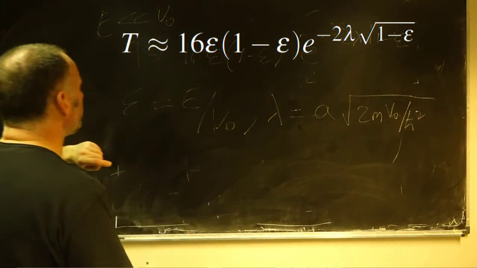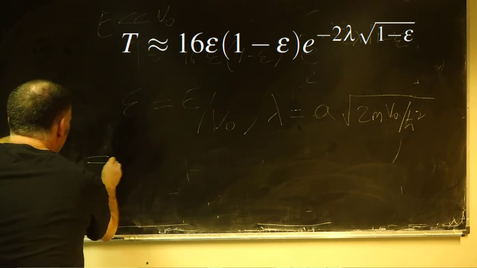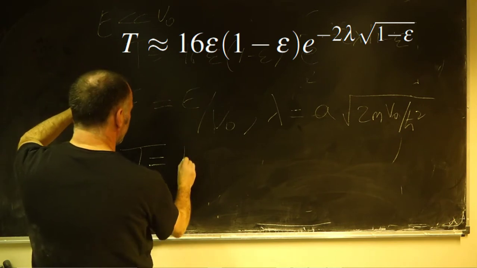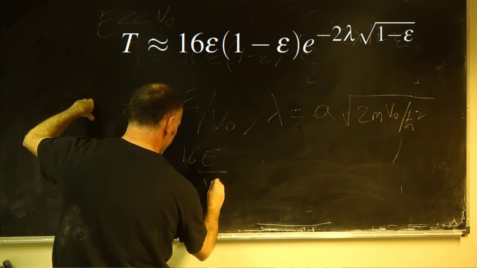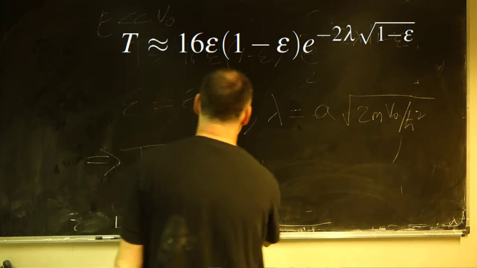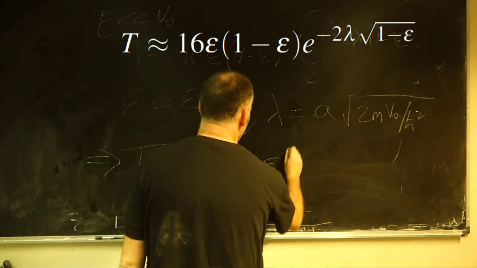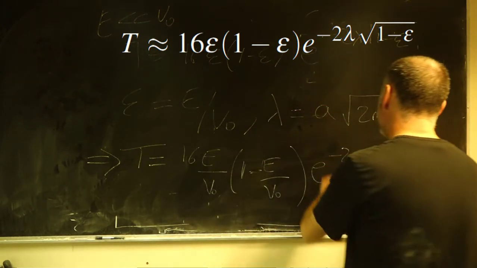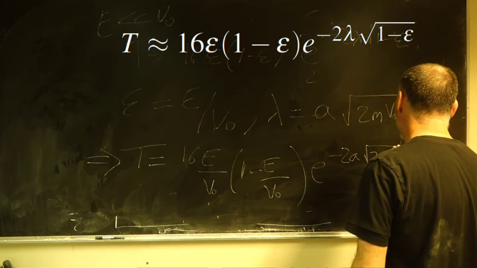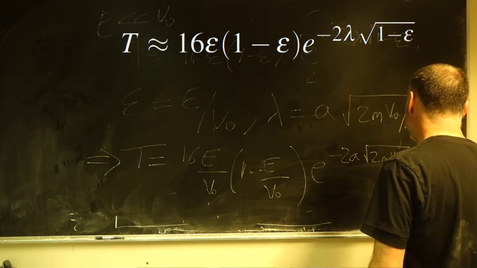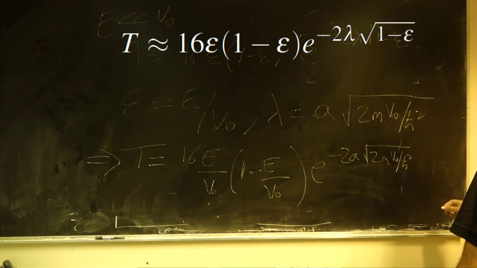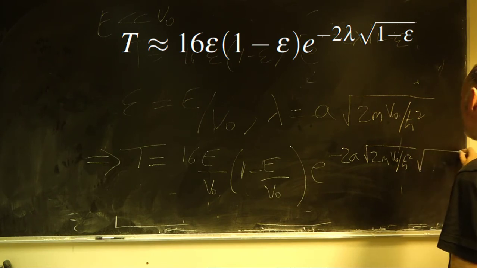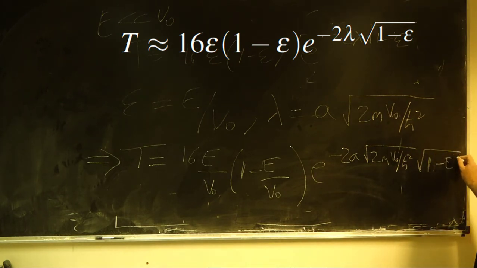Let's plug those in, and what we're going to get is a transmission coefficient T of 16 E over V0 into 1 minus E over V0, into e to the minus 2, and lambda is this, root 2 m V0 over h bar squared, into root 1 minus E over V0.